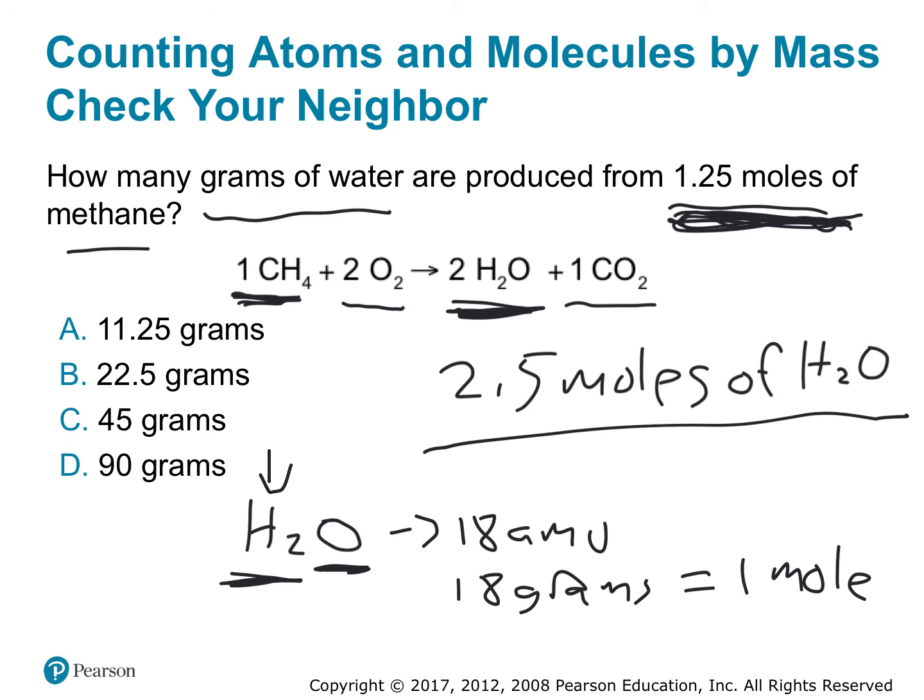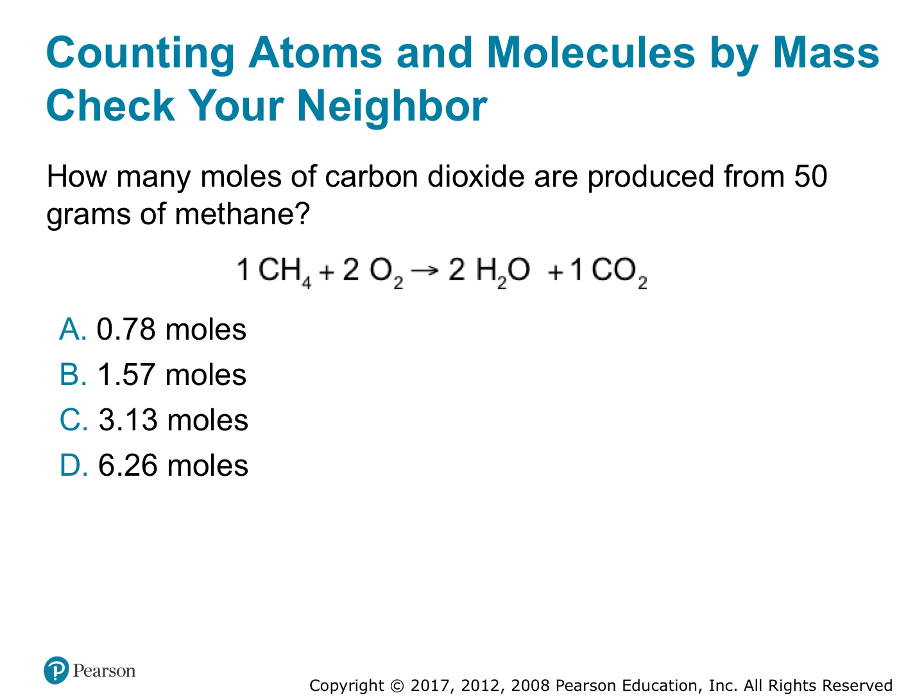Now, if we have 2.5 moles, we're going to take 2.5 times 18, and 2.5 times 18 gives us 45. So the answer is that 1.25 moles of methane gives 45 grams of water in this particular chemical reaction. All right, let's look at another example.